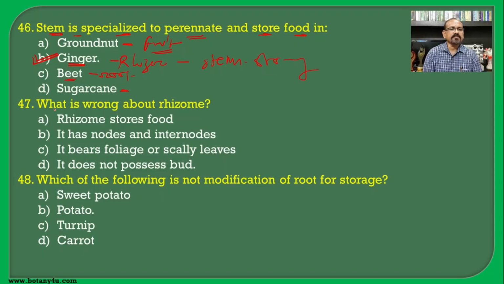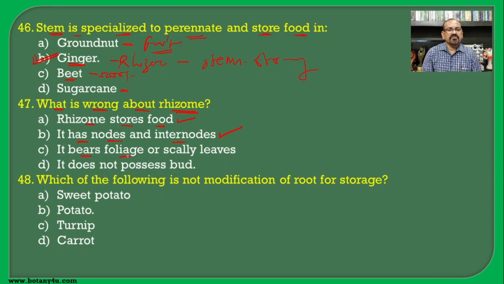Then what is wrong about rhizome? Rhizome stores food. This is correct because it is a modification of the stem for storage of food. Then it has nodes and internodes. If you see ginger, you will find nodes and internodes, which is a characteristic feature of the stem.